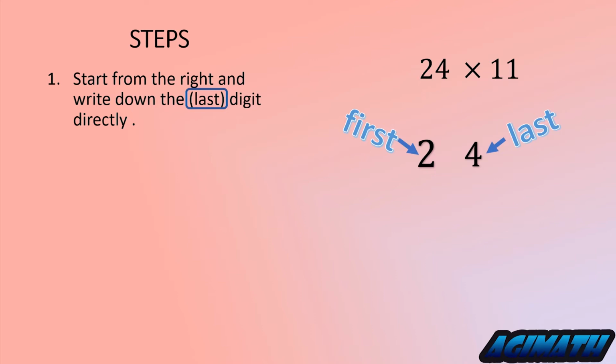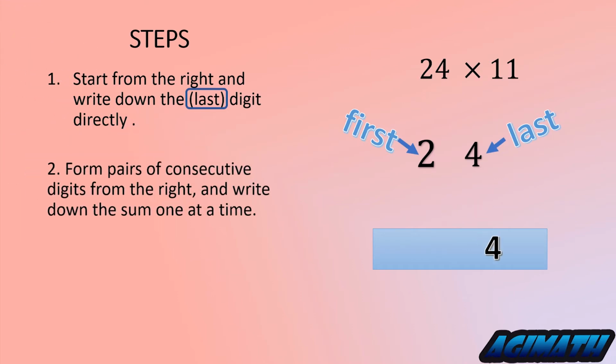Now, according to the steps, the first step is to write down the last digit, and based on our presentation, the last digit is 4, so we will have 4. Next step, form pairs of consecutive digits from the right and write down the sum one at a time. We are multiplying 24 by 11 and we are focusing on the 24. So we form pairs of numbers from the right.